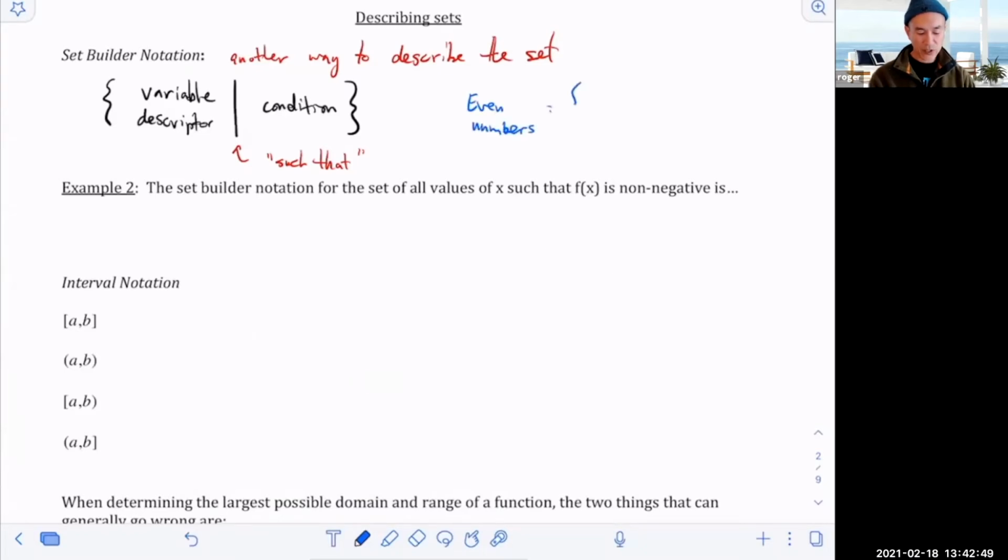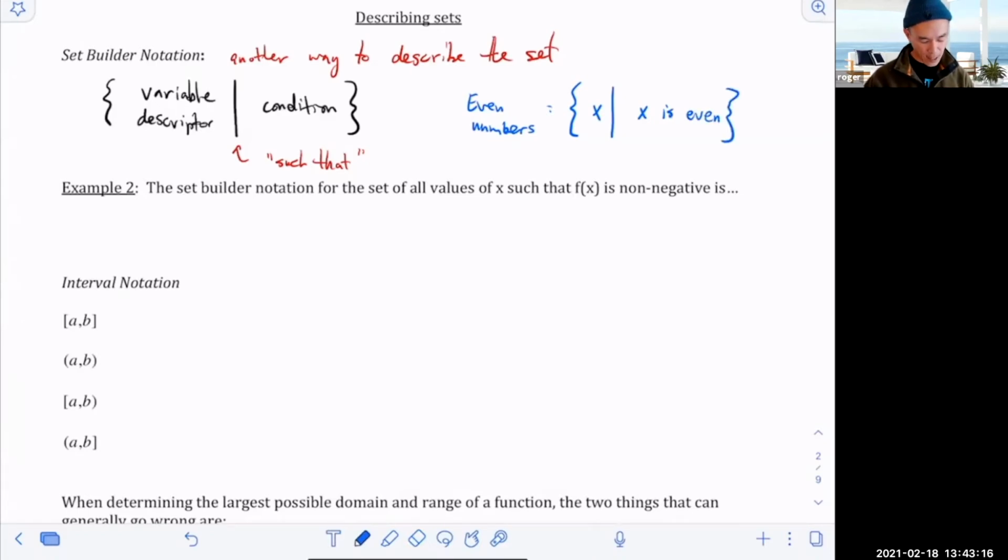What you could do is give all the even numbers a variable name, so let's just call it X. You put the vertical bar, which means such that. So I want all the X values such that, and then we put a condition, so we just write X is even. And that's our descriptor for a set.